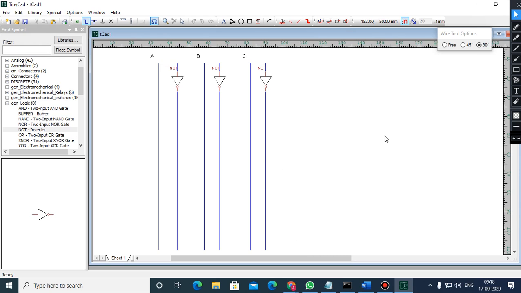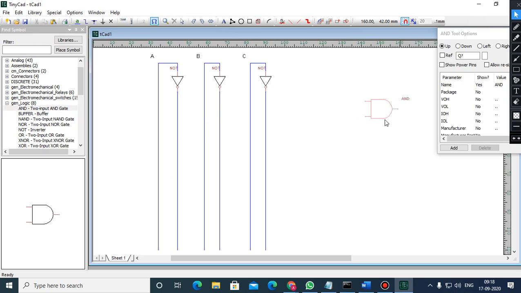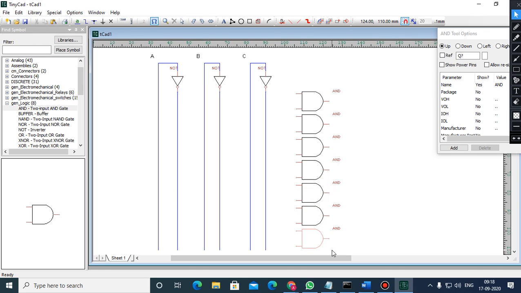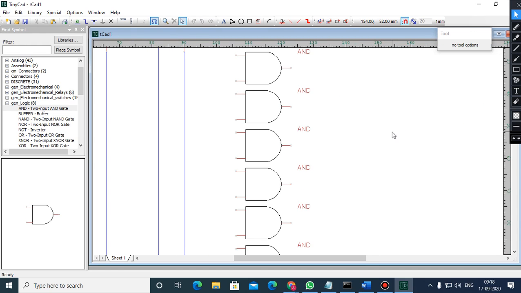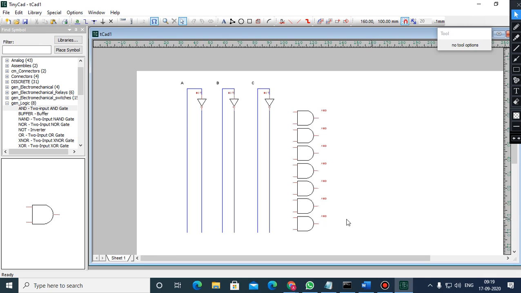Okay. Now, if you focus on that truth table, how many combinations are there? There are 8 combinations. So we have 8 NAND gates. We are having 8 NAND gates here.